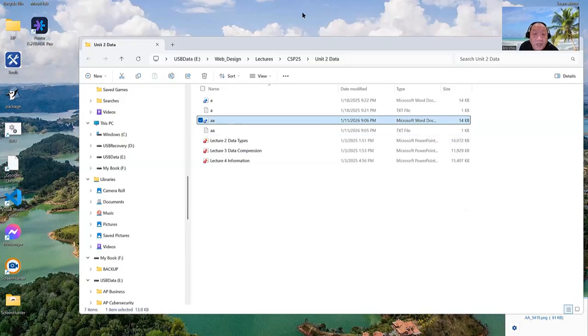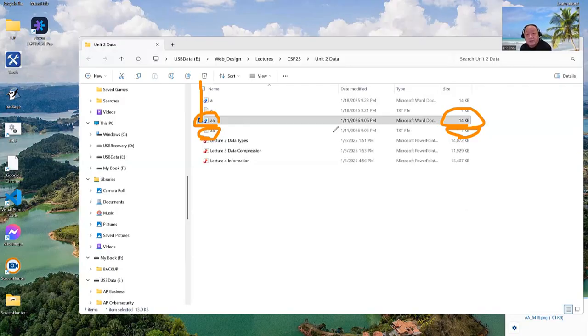So let's see. This AA becomes 14 kilobytes instead of 1 kilobyte. So why is this Hello World in Word bigger than AA in Notepad? Do you know why? I typed hello world with an exclamation mark into both, but how come the file I made with Word is bigger than the one I made with Notepad++?